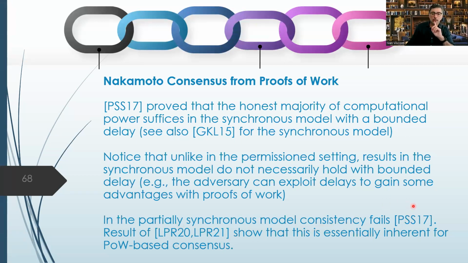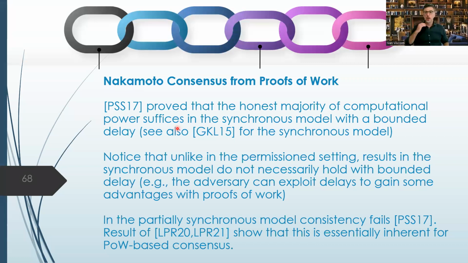And I guess it was proven mainly for Bitcoin, because then there is this other sequence of papers by Garay and others, that show that this is inherent for a proof of work-based consensus. So the best you can get is what Pass proved, if you design a blockchain that is secure with proof of work-based consensus.